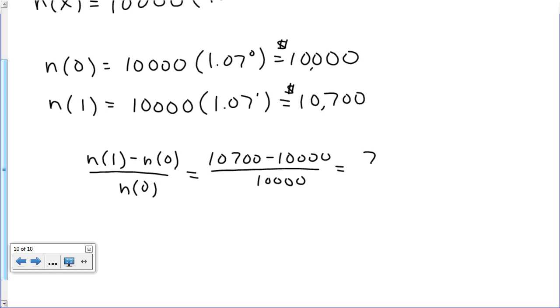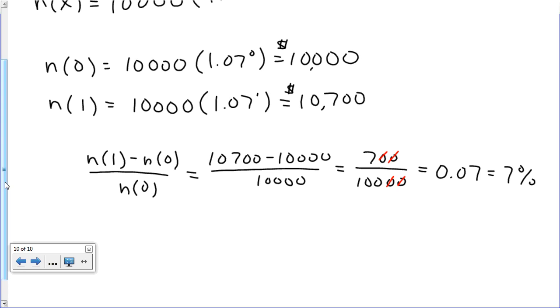And so that's 700 over 10,000. Some zeros will cancel out here in the numerator and denominator. We get 7 over 100, which is the 7%. It's 0.07, or that's 7% if you want to write it as a percentage. Okay, so we've actually grown $700. We've grown by 7% is what we find there.